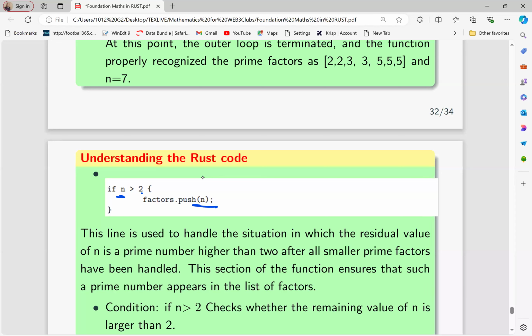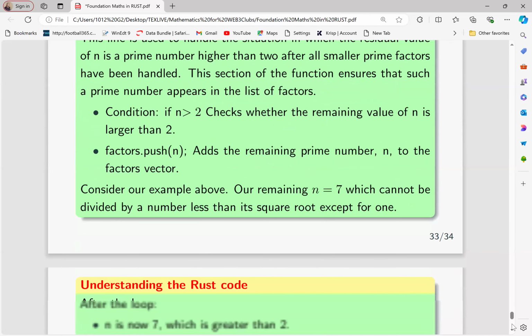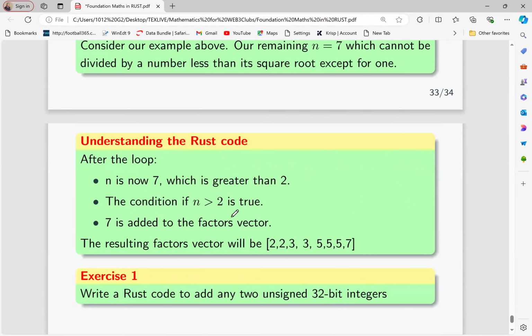That's the case here. Our n is now 7 and is greater than 2. So it becomes a prime number. So you just push it to the prime factors. That is what happens here.